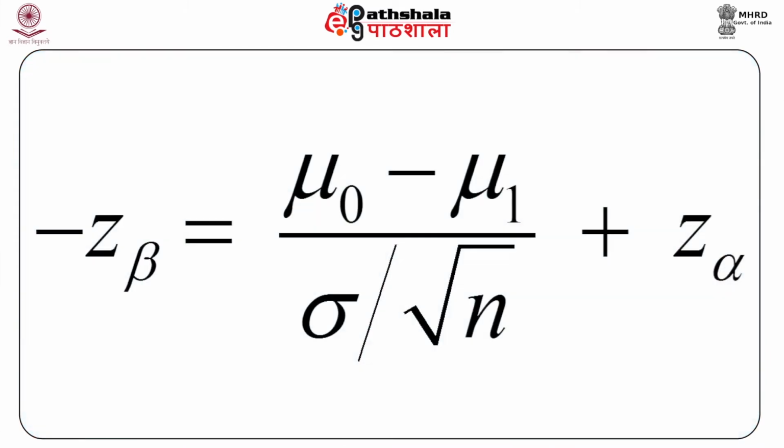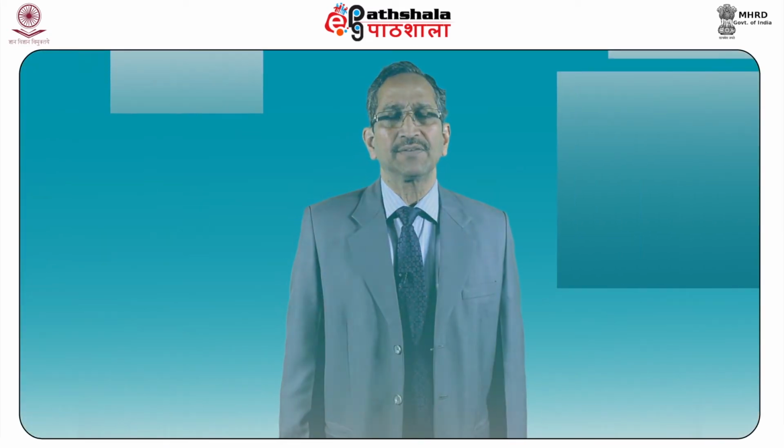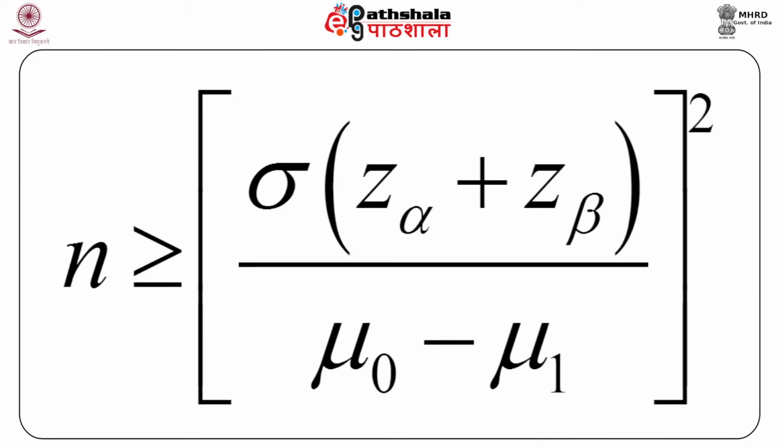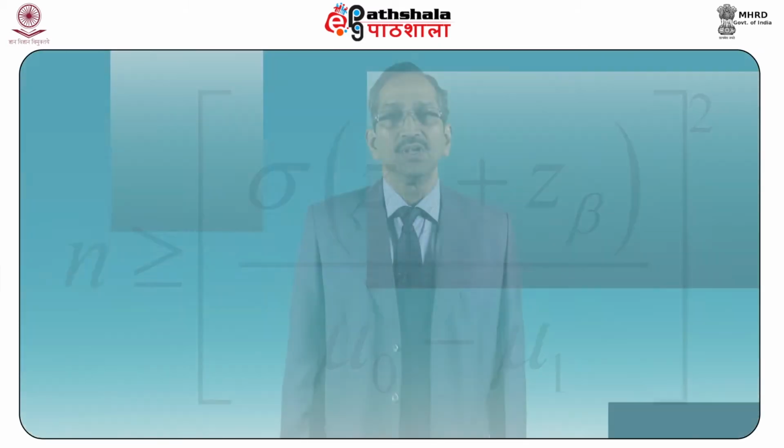So let us use z beta to denote the z critical value that demarcates the lower tail area beta. Then minus z beta is equal to (mu 0 minus mu 1) upon (sigma by root n) plus z alpha. Rearranging the terms, we obtain n is greater than or equal to [sigma times (z alpha plus z beta) upon (mu 0 minus mu 1)] whole raised to the power 2.